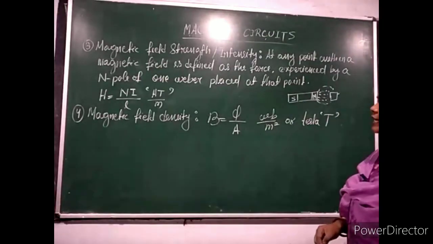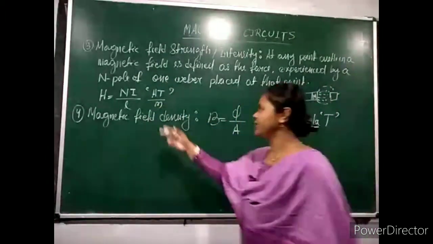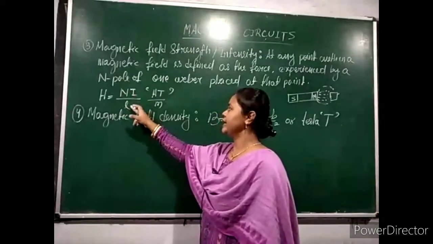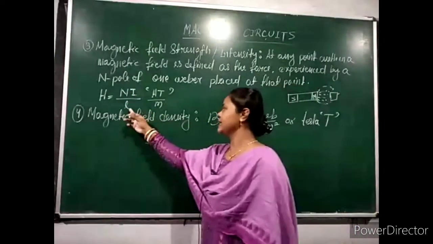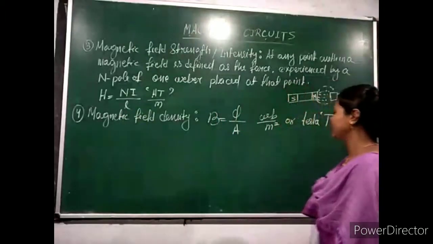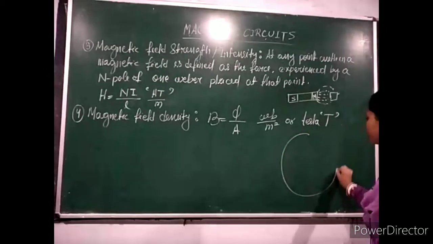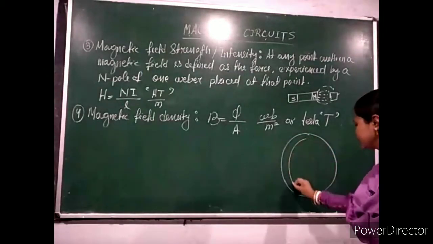It is mathematically expressed, if I take the electromagnet, as Ni by L. What is Ni? That is the MMF, and L is the length of the magnetic material. Here let us take the magnetic material as a ring, the same example as before.